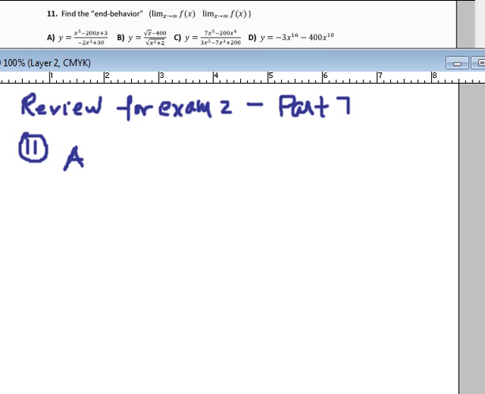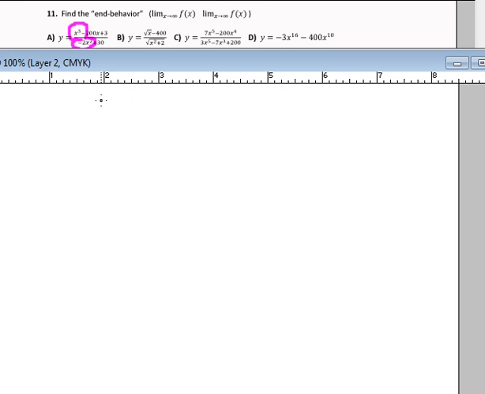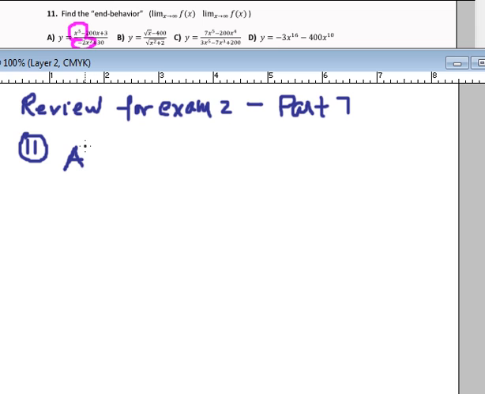Well, let's see. Over here we have the dominant term is x to the fifth. That's the term with the highest exponent in the numerator, and in the denominator we have minus 2x squared. All right, so that's all we have to consider. Okay, so here we go.